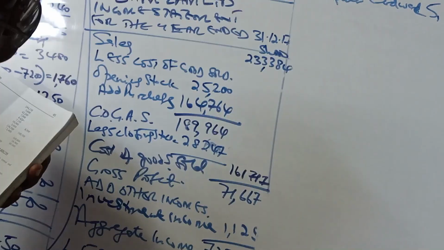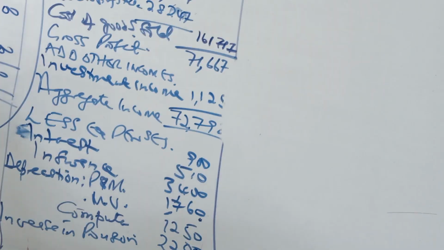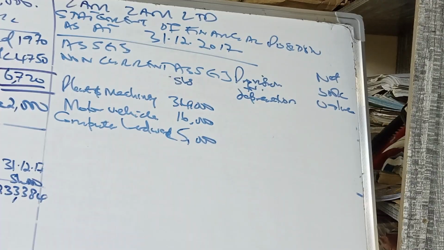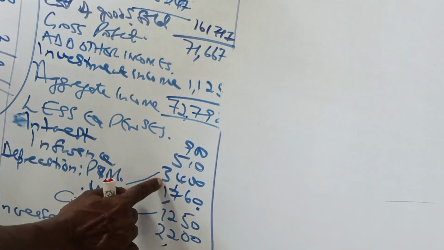The charge for the year, from the trial balance you get at the beginning of the year, then you add the charge for the year, 1,760 plus 1,760. You get a figure of 17,760. Plant and machinery depreciation is not 1,760, it is 3,400.